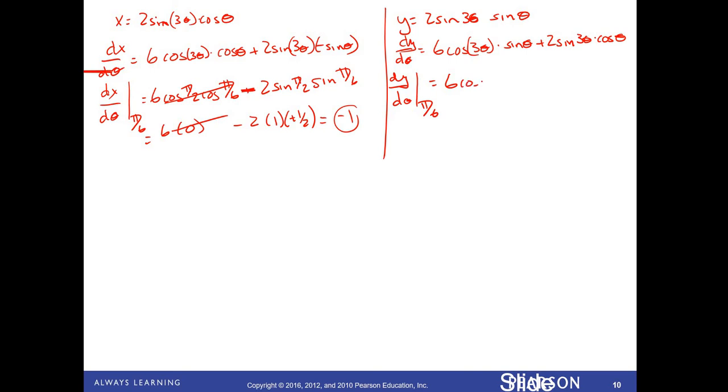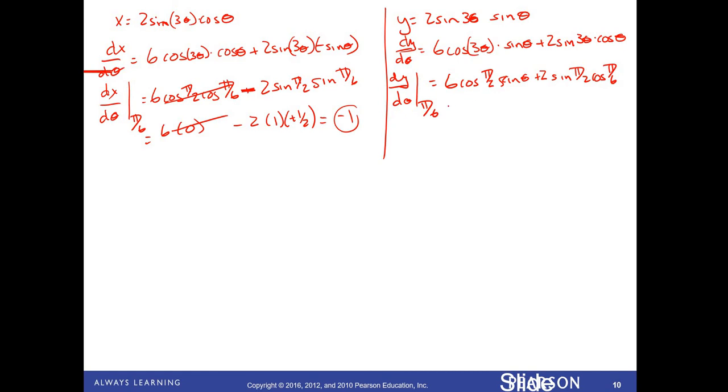I've got 6 times the cos of pi over 2 times the sine of theta plus 2 times the sine of pi over 2 times the cos of pi over 6.